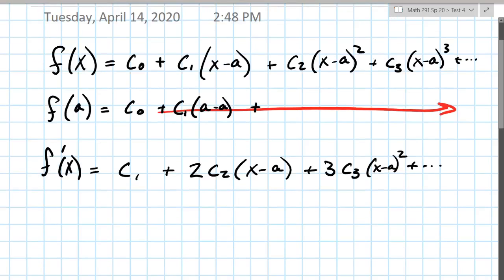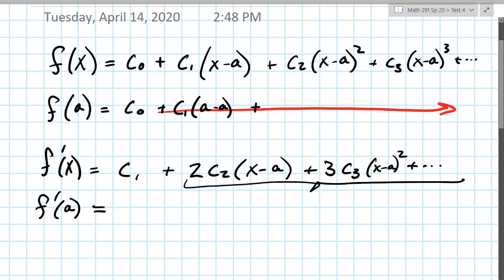Now if we try to find c1 the same way we tried to find c0, that is, evaluate at a, all of these terms are going to go to 0, and f prime at a is c1. So we found two coefficients so far, c0 and c1.